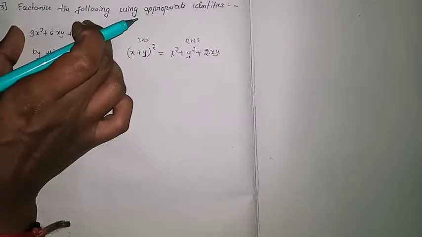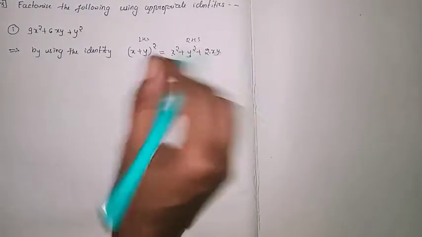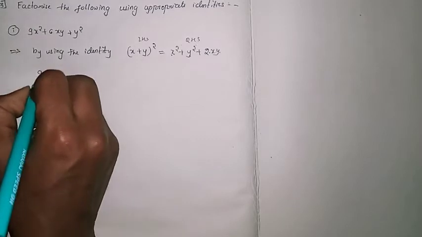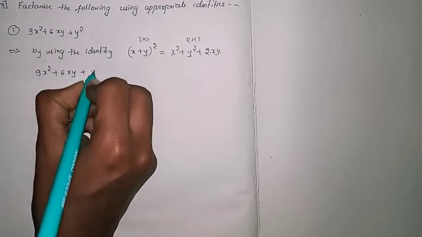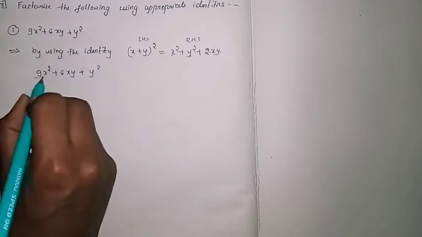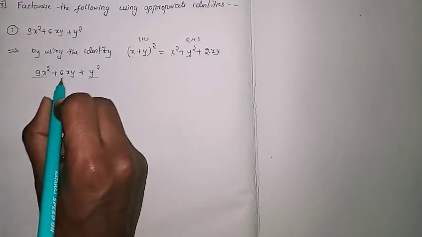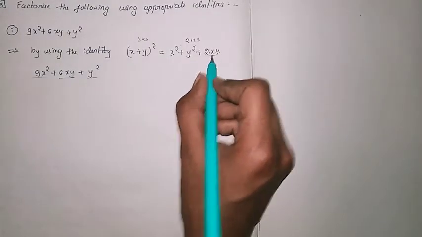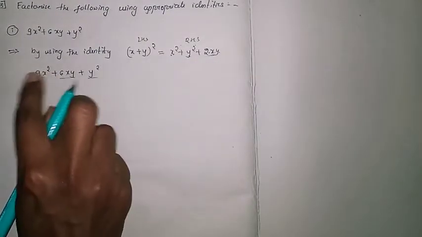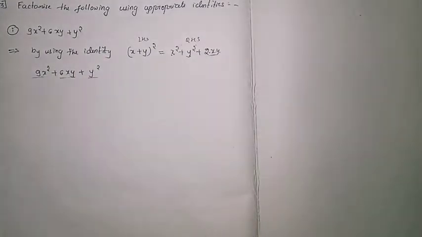So we have to adjust this expression to this form. The expression they have given is 9x square plus 6xy plus y square. That means this is our x term, this is our y term, and as there are two terms, x and y, this is our 2xy term.